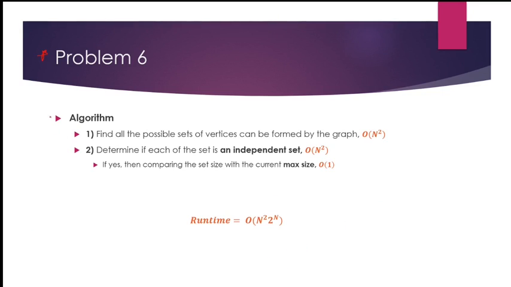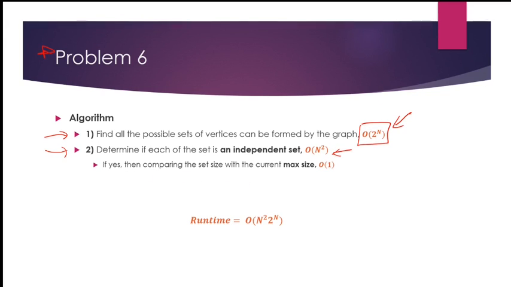So this is another way to explain the problem. This is more formal, in algorithm style. First, I'm gonna find all the possible sets of vertices formed by the graph. And from problem 4, we already showed that the total runtime is 2 power n. Next, after finding all the possible sets, you check if each of them is independent, and we already showed from problem 5 that this has a runtime of n squared.